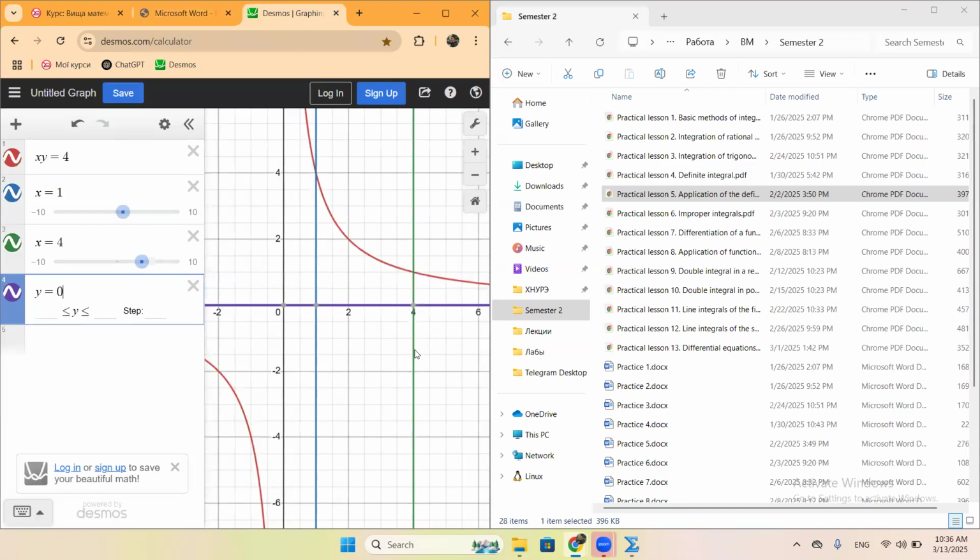So we have such bounds of the figure. So how it looks like on the graph. It is lagging a little bit. So this figure is rotated around the x-axis, and we have to find the volume of this figure.